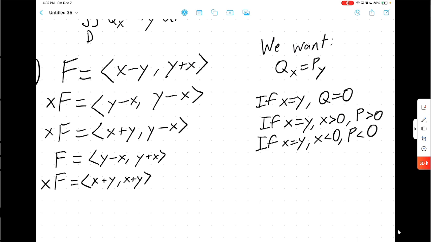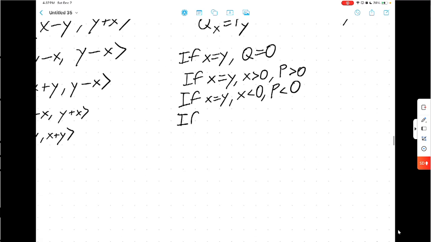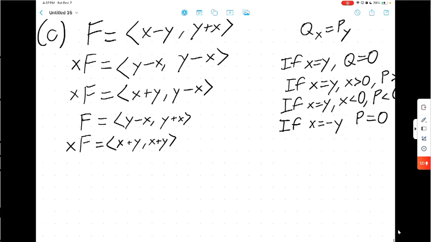Well, that is good. And also, if x is equal to negative y, or y is equal to negative x, we get p is equal to 0.